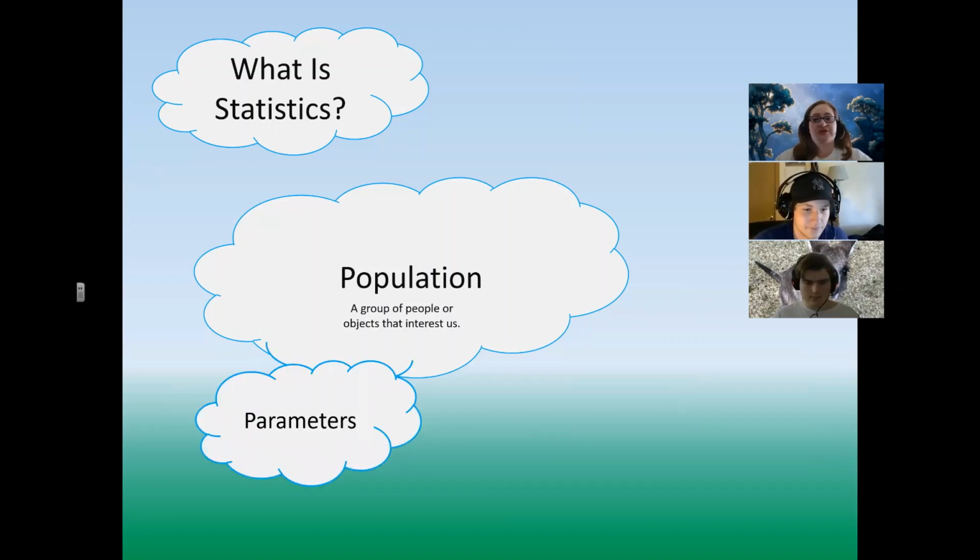But there are certain things I want to know about the population. So parameters are pieces of information or a summary on the population. So this could be like the average age of people in my population, or how well people know math in the population, that kind of stuff.